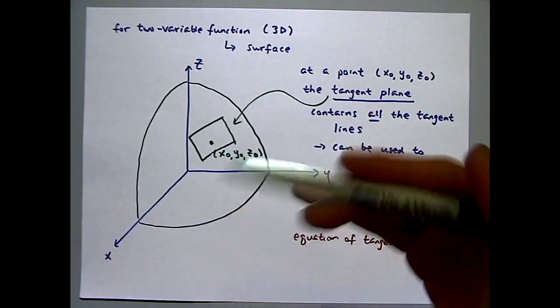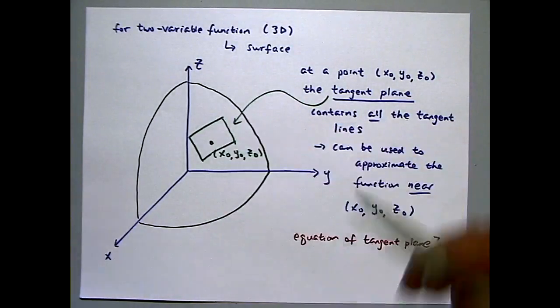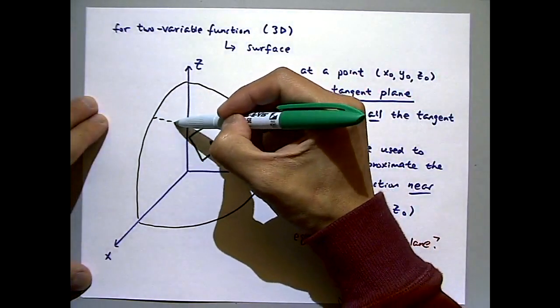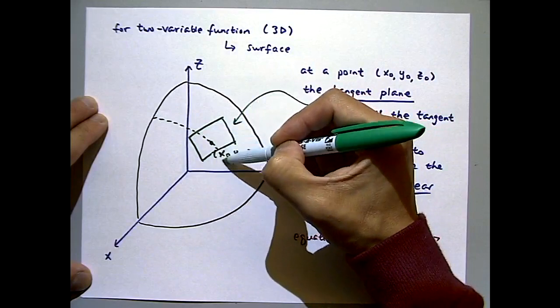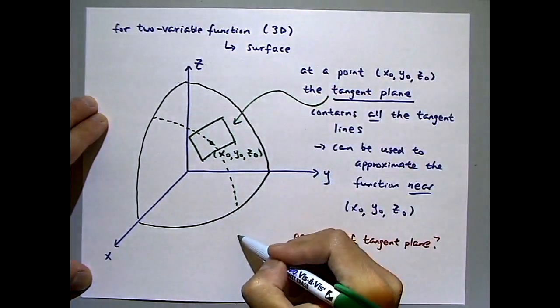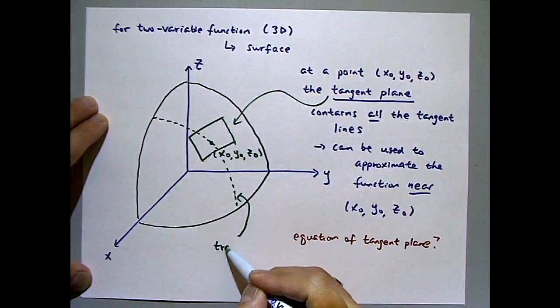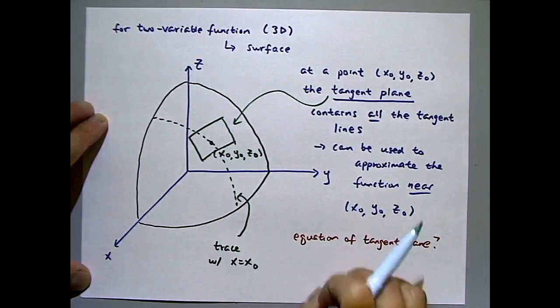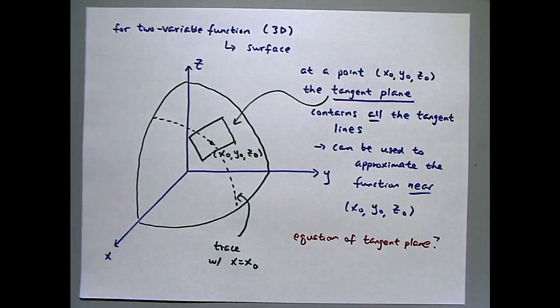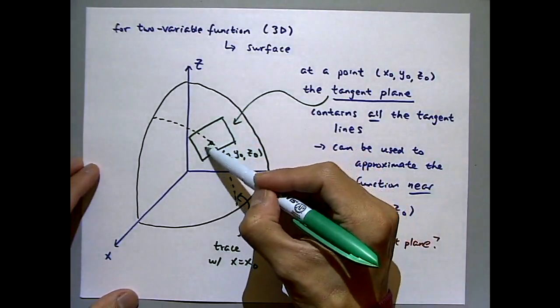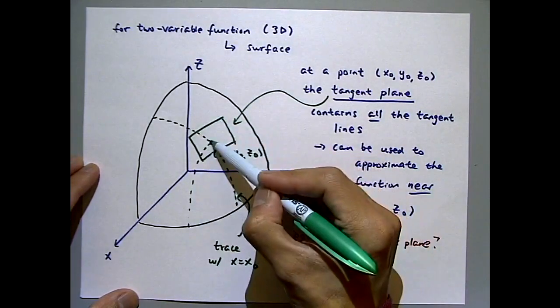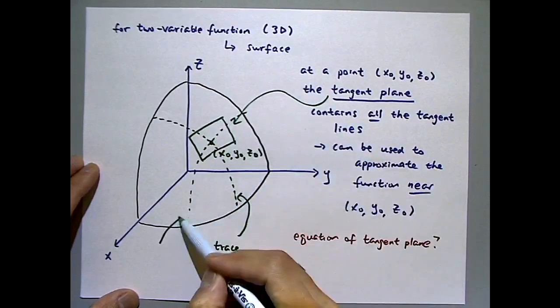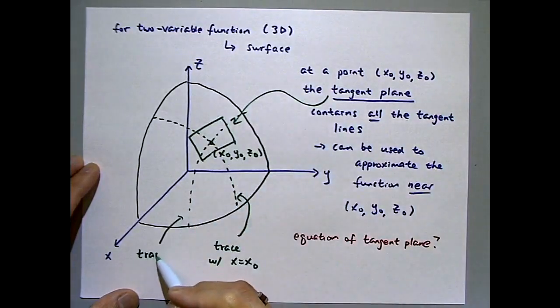Now let me choose x to be a constant. If I fix x, this is the curve I get. This is the trace, with x equal to x0. A portion of that is a circle. And I can do the same thing with fixing y to be y0.